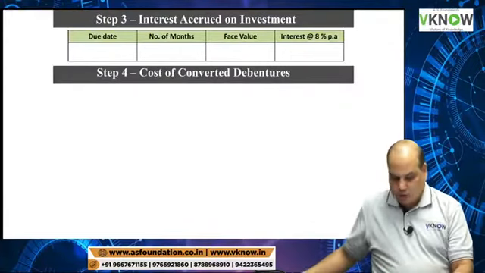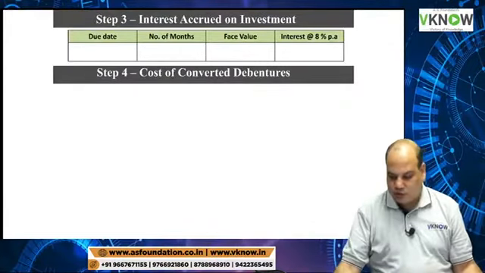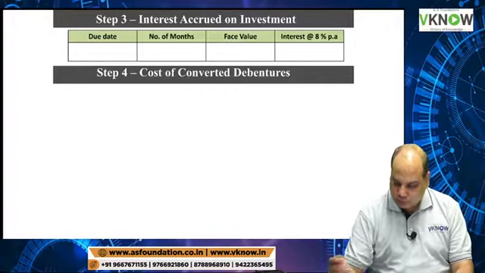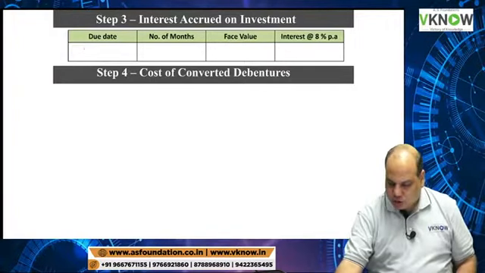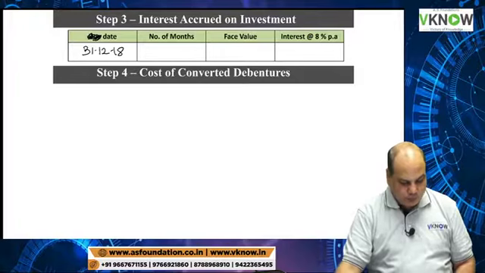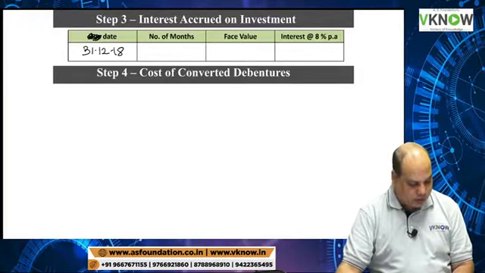Number 3, interest accrued on investment. The date, you can just write, 31st December 18.